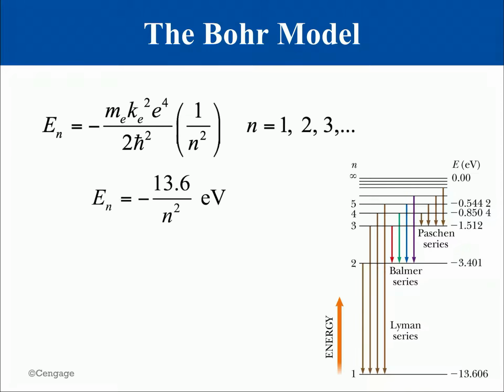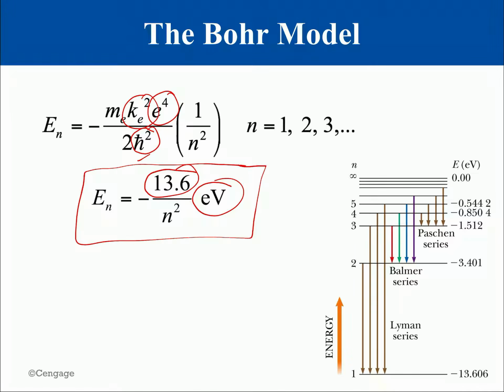So if we plug in the particular mass of the electron, if we plug in the electrostatic constant, if we plug in the fundamental charge of the electron, raise them to their appropriate powers, divide by Planck's constant over 2 pi, square it, so h bar squared, with that whole business there ends up becoming 13.6 times 10 to the negative 19 joules, or 13.6 electron volts. Okay, so all we've done here is get rid of all the constants that are specific to electrons and our universe, like the Planck constant, and now we have the energy states of the hydrogen atom.